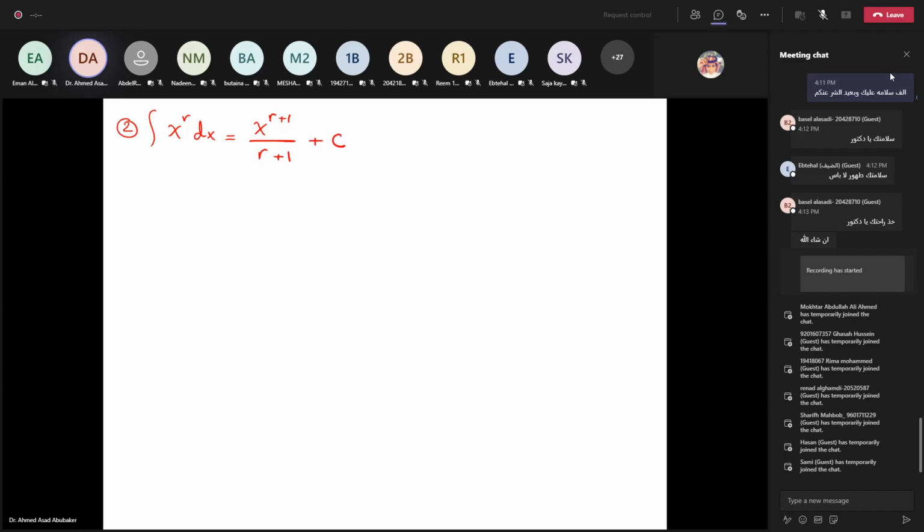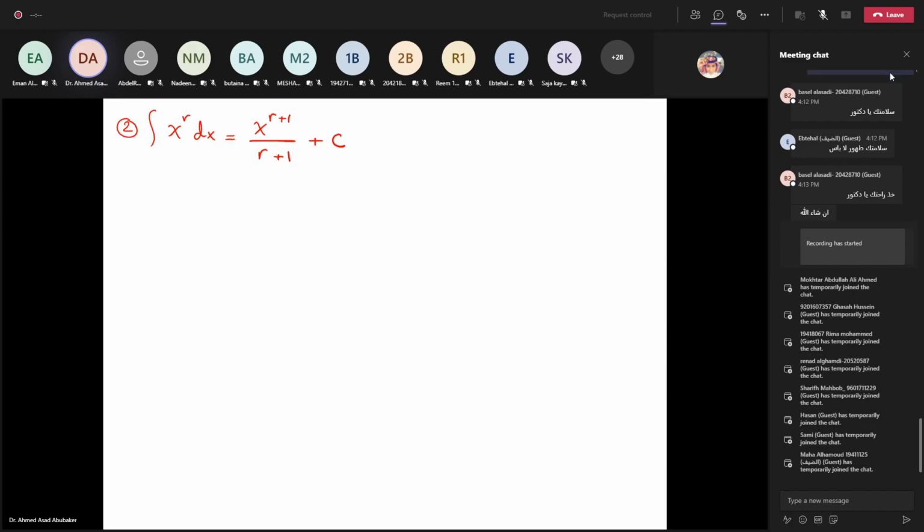So in integration, we need to add 1 to the exponent and divide by the new exponent. Example, find number 1 integral of x dx.